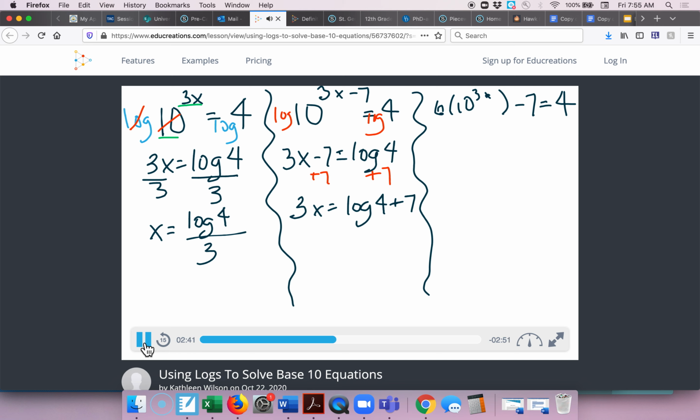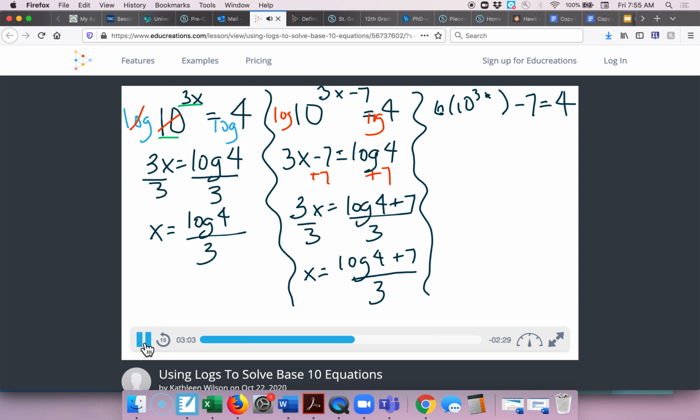So that's a completely different number. We cannot combine them. Right, and then we need to divide by 3 to get our answer. Divide by 3. And we just leave it like this. The log of 4 plus 7, divide that whole quantity by 3. Perfectly fine with you leaving it in that form. Okay, it's a very precise answer.